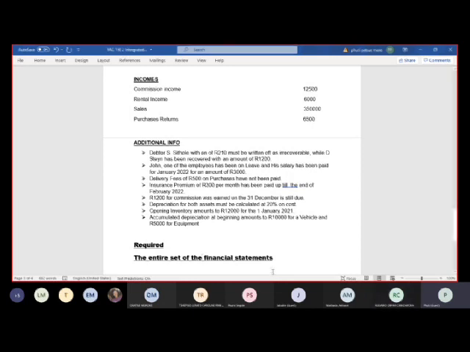It's a prepayment, so we're going to have 3,600 under prepayments. Does this make sense? Right, so the total will be 3,600 rand. Then what else? When you look at the additional information, is it done? Yes, it is done.